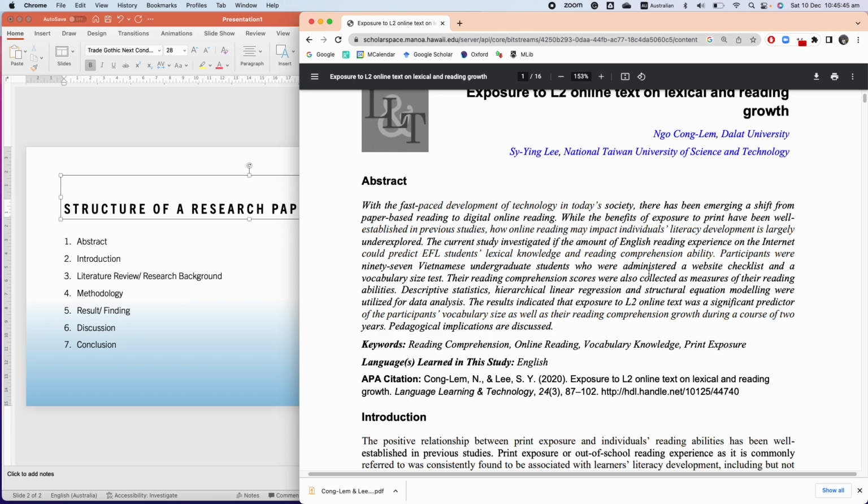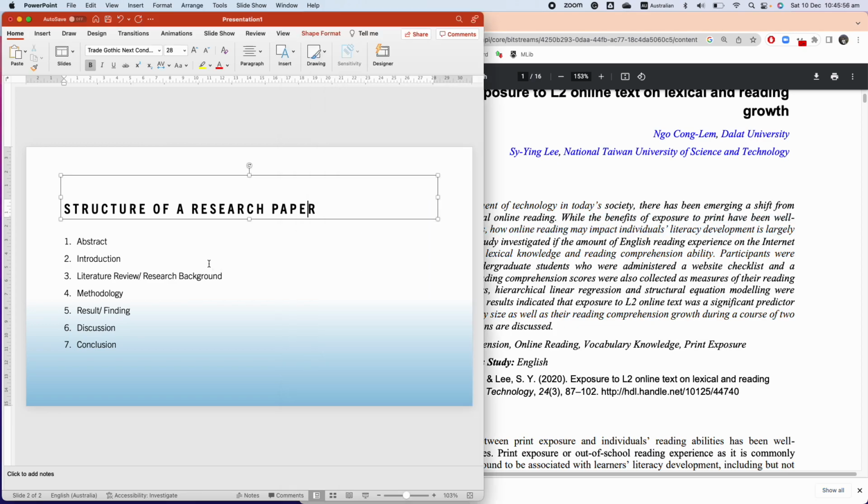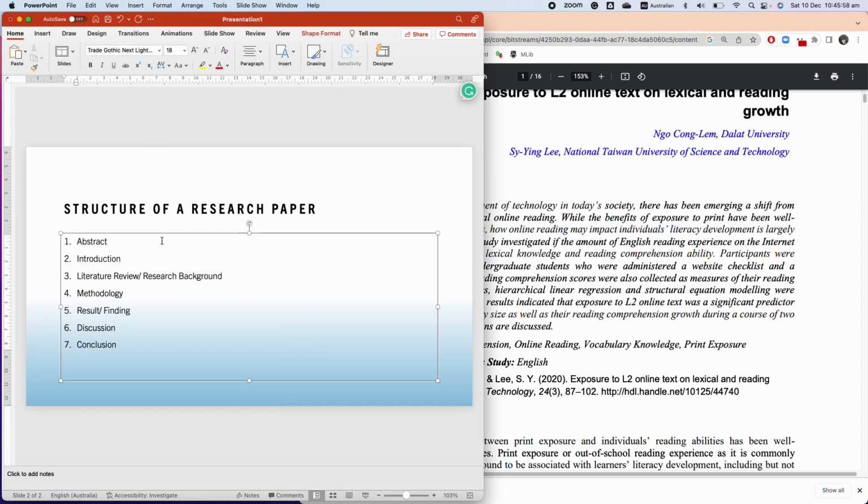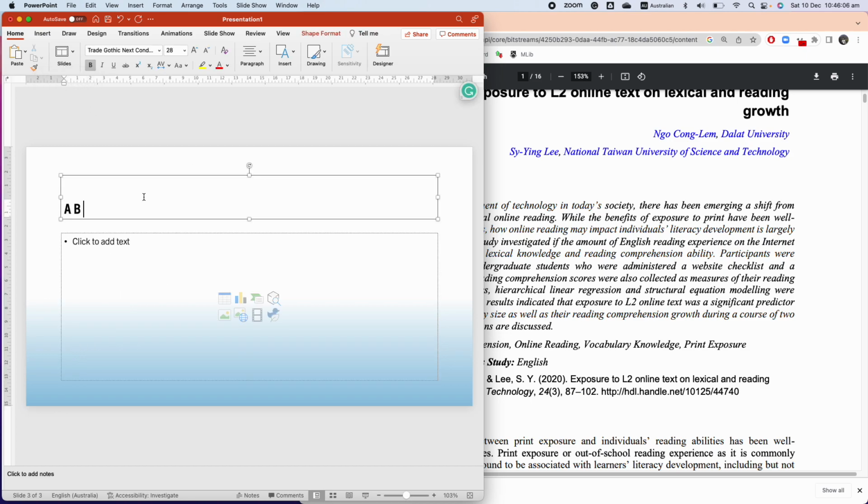But generally it will include, you may think of it as, some background and the gap. Let's create a new slide. Okay, so the abstract.